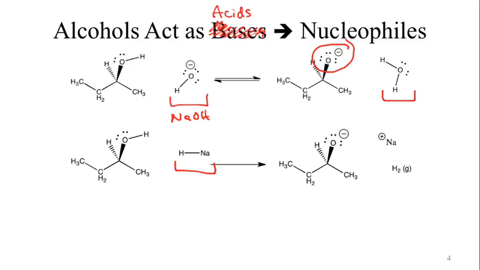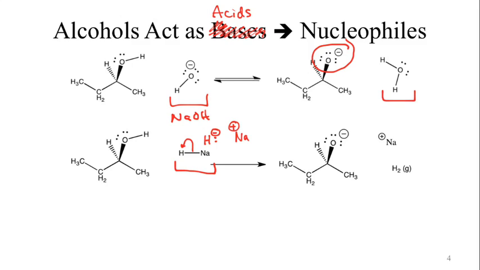Most nonmetals have higher electronegativities. We would expect these electrons to sit on the hydrogen, not on the sodium, which would mean I get H minus, with that lone pair, and Na plus. Hydrogen ion is reserved for H plus. Since we're looking at H minus, hydride. That's where that name difference comes in.